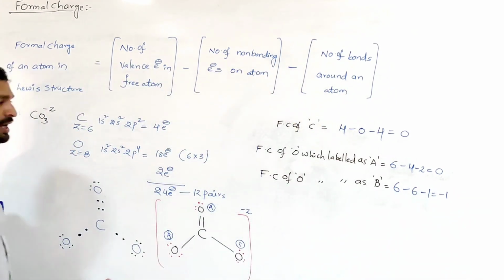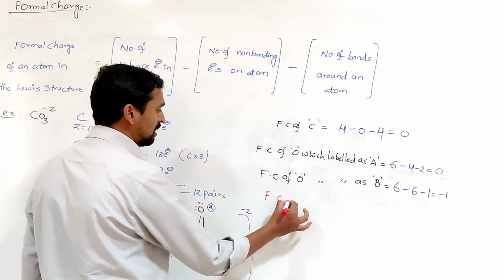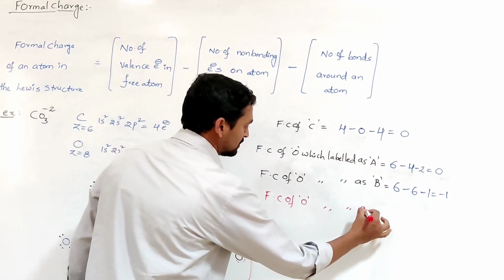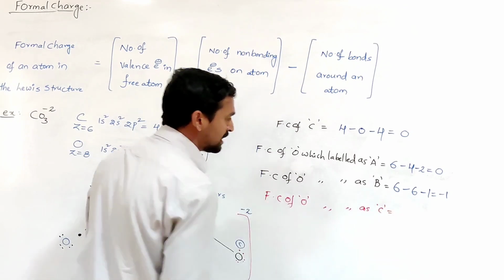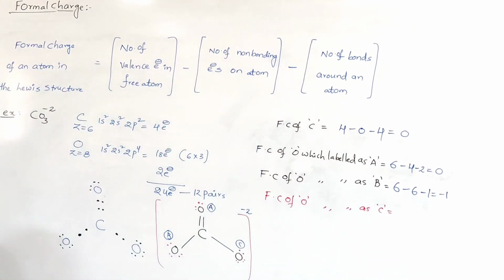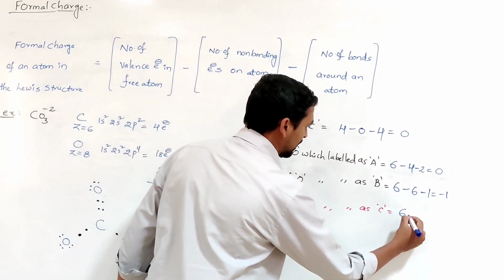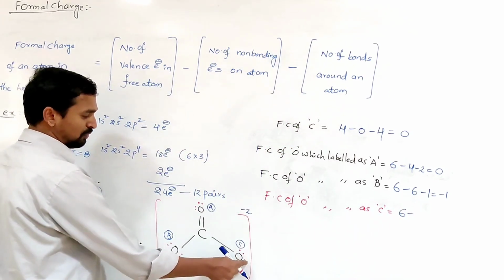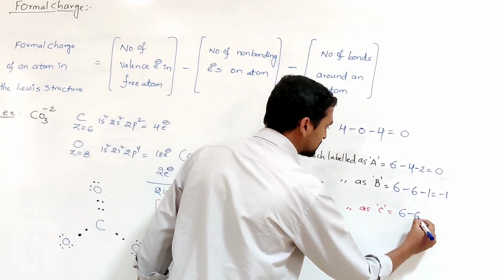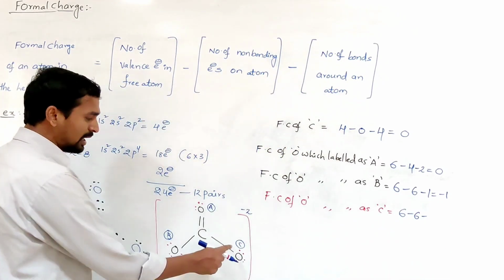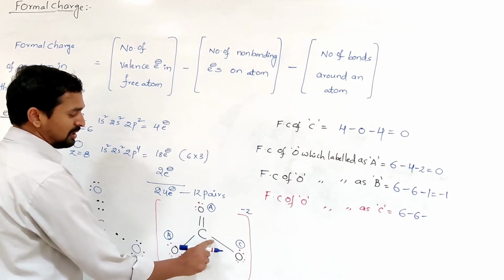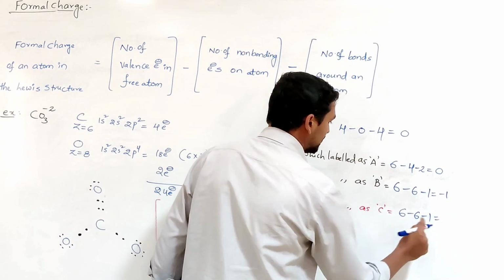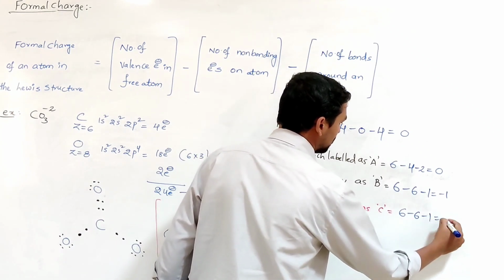Similarly, we need to calculate the formal charge of the oxygen labeled as C. That is equal to, simply we write again 6 valency electrons, 6 non-bonding electrons are present, 2, 4, 6. 6 minus 6 minus, the number of bonds around this oxygen atom, only 1 bond is present, that's why 1. 6 minus 1 is equal to, what is it?